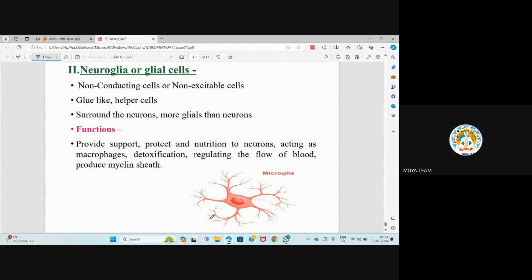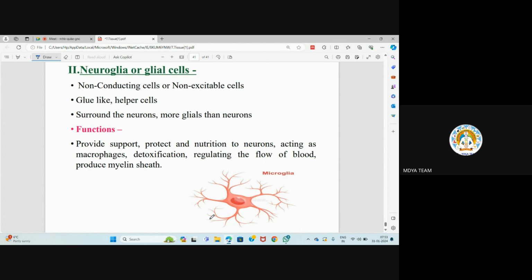But this sensory-motor reception, or action and reaction, is not happening in glial cells. Are you getting me? The messenger, the information, the message, everything is happening in neurons.